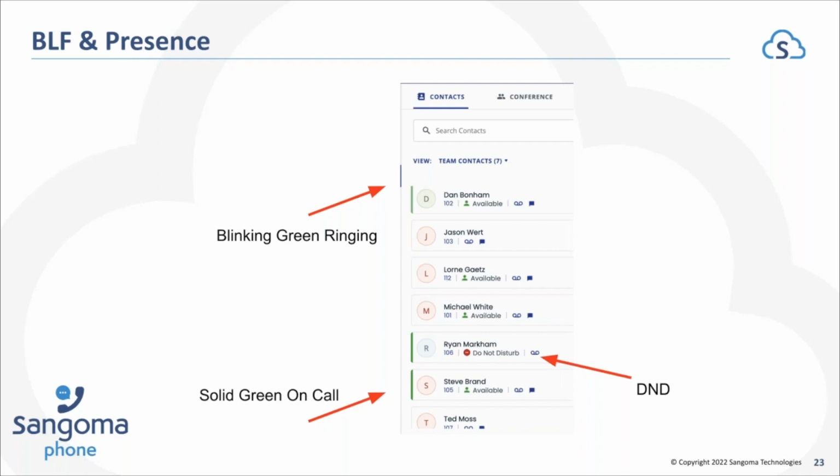That means he's on a call. Since he's showing that he is available but he has the green bar, he's currently on a call. And then for other users who are getting an inbound call, there will be a blinking green light bar on the left side of the contact name, which we can see here, Dan Bonham is getting an inbound call.